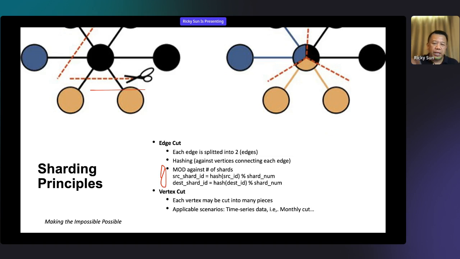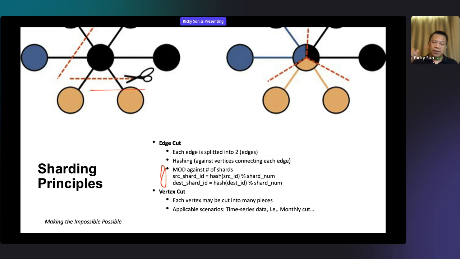Nothing that tricky. And in the vertex cut model, each vertex potentially will be cut into many pieces as you want based on your business logic. But remember the grid setup. In the grid setup, there are a lot of real world application scenarios that can potentially be done using vertex cut without losing any performance. For instance, time series data, right?